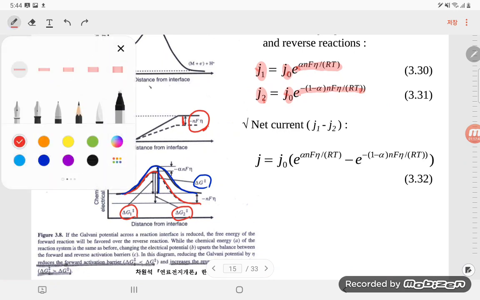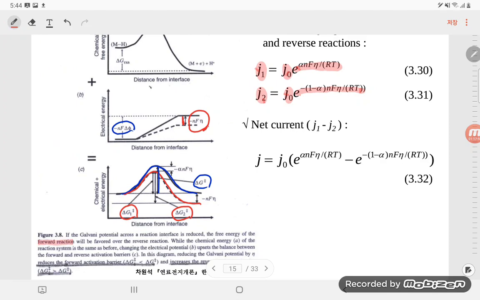Okay, favored is the proper word. The forward reaction is favored over the reverse reaction, while the chemical energy of the reaction system is the same as before. Changing the electrical potential upsets the balance. That breaks the balance between the forward and reverse reaction activation barrier.